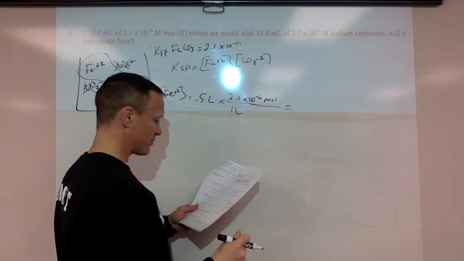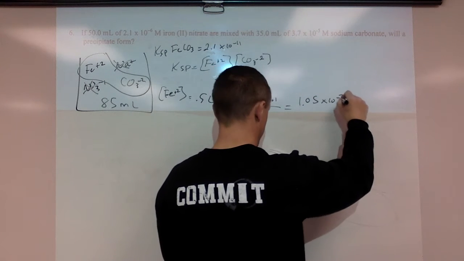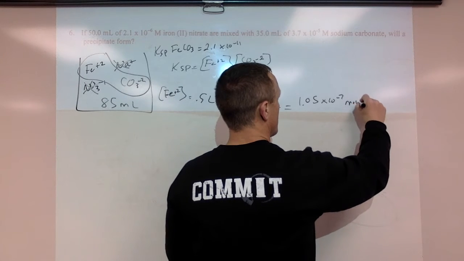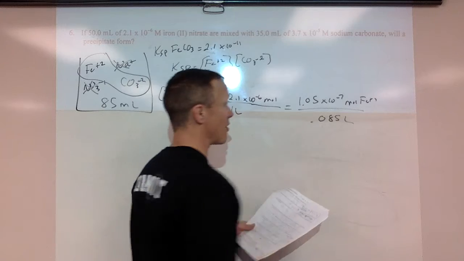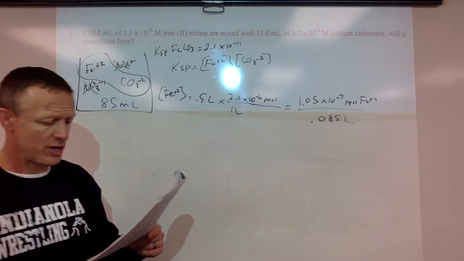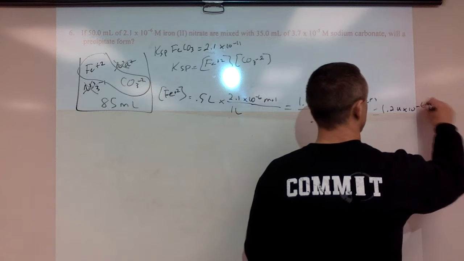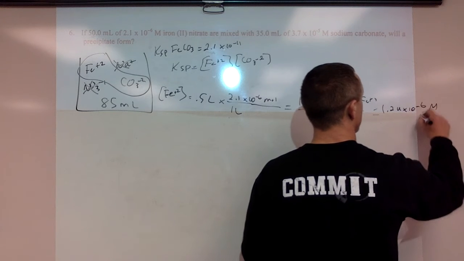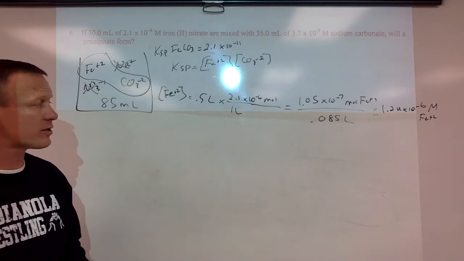So we get 1.05 times 10 to the negative 7th moles of iron divided by 0.085 liters, because it's now in that much solution. And you get 1.24 times 10 to the negative 6. That's the concentration of iron ions.